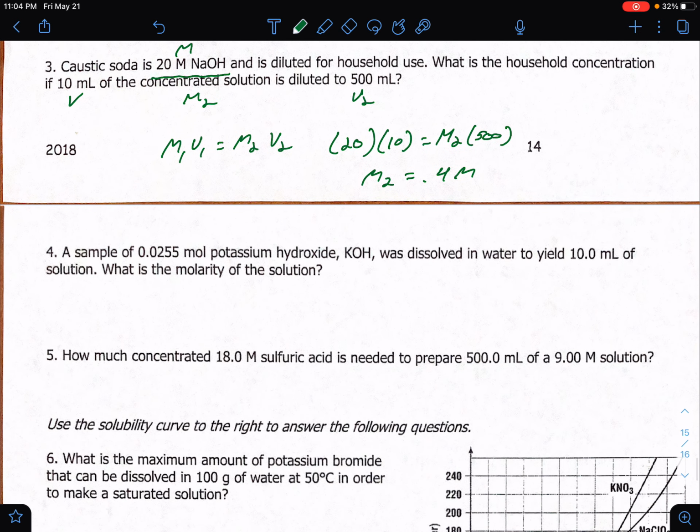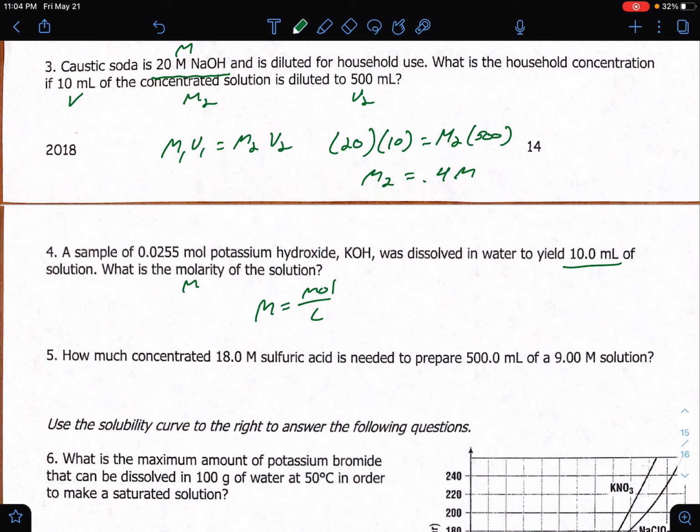Okay, number 4, a sample of 0.0255 moles of potassium hydroxide was dissolved in water to yield 10.0 milliliters of solution. What is the molarity of the solution? Okay, so I'm looking for big M, and I was given moles, and I was given volume, not liters. So in order to do big M, which is moles over liters, I need to get into liters.